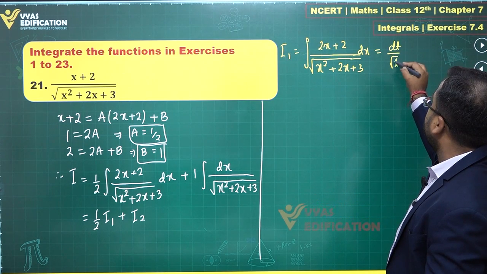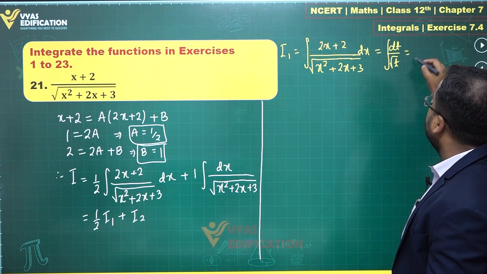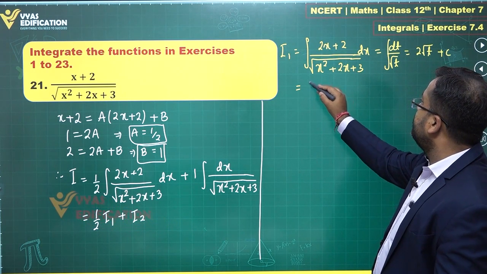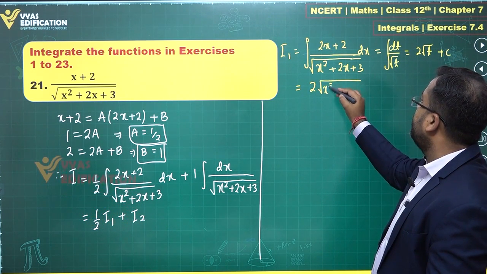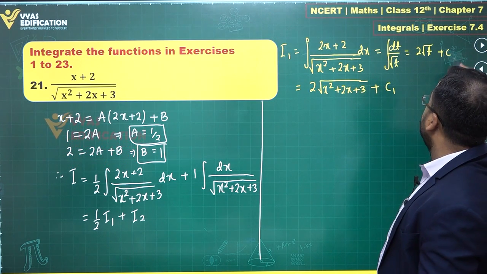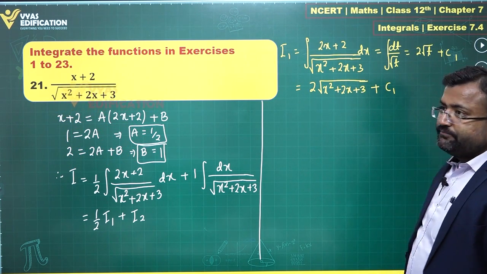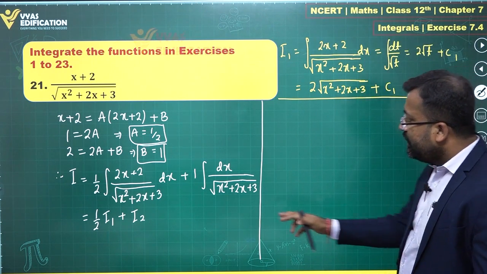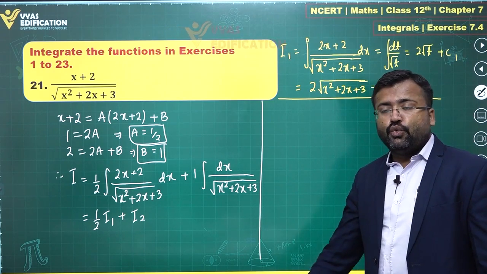So this becomes the integral of dt upon root t. The integral will be equal to 2 square root of t plus constant, and this becomes 2 under root of x square plus 2x plus 3 plus constant. Let's call this constant c1. This is I1.